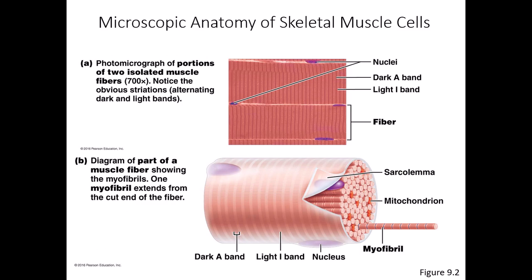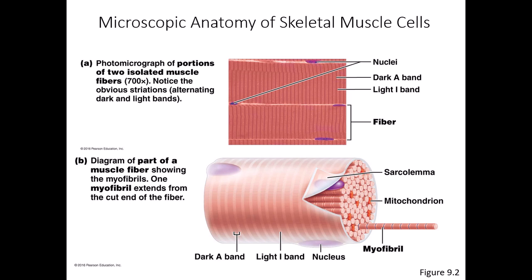Okay, so here's that picture again showing you a couple of muscle fibers. So those are the muscle cells that we saw under the microscope, and you can see those striations. The nuclei are kind of flattened and pushed to the edges. And then in B, they're showing you again, kind of putting it into context.